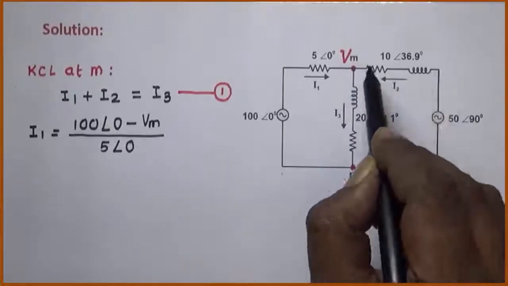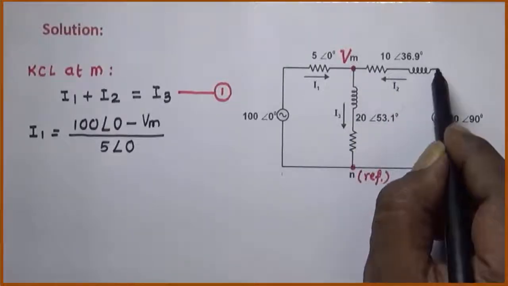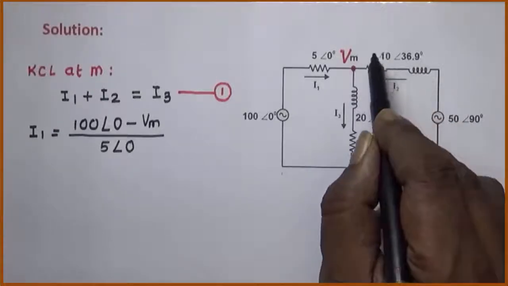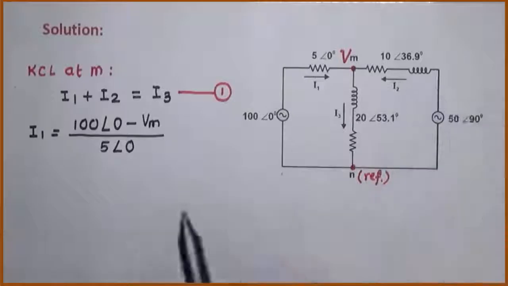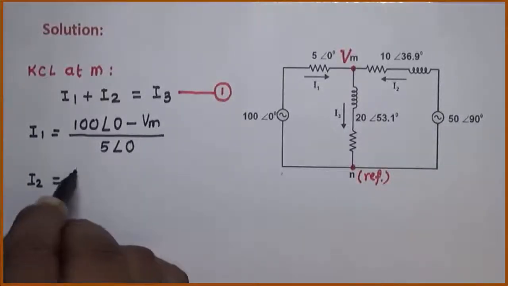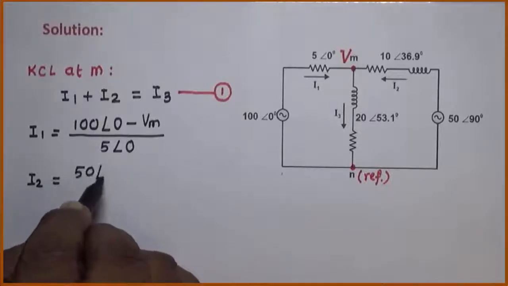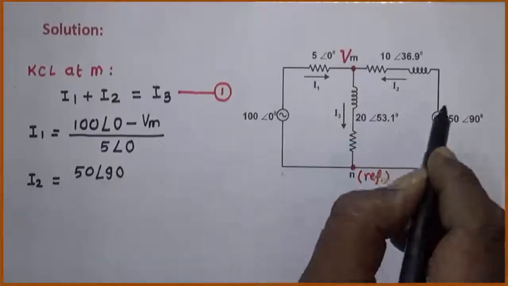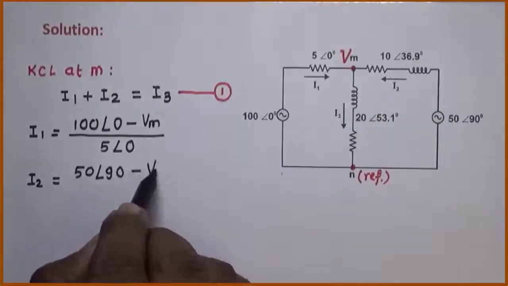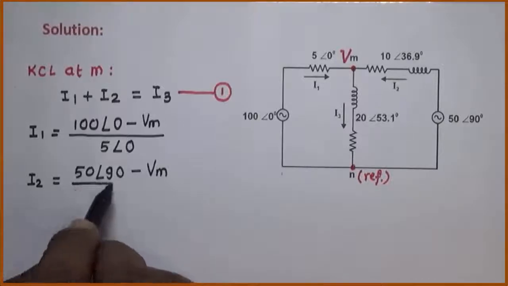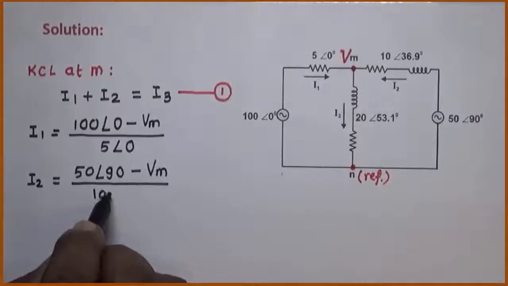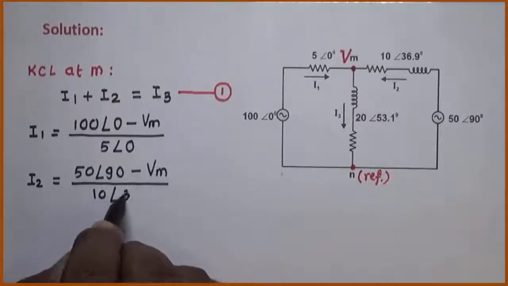So the potential drop across this will be 50 angle 90 minus Vm divided by this value, which gives me current I2. So I2 is equal to 50 angle 90 minus Vm divided by 10 angle 36.9 degrees.